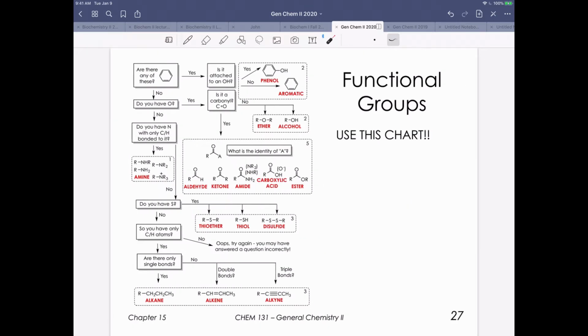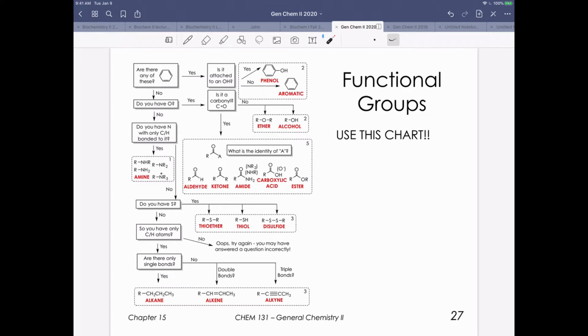All right, so this table, this flow chart, if you will, is available on Blackboard for you. I would encourage you to have this. If you can't print it out, try to at least have it available electronically to look at as you work through some of these problems. This is what I call a decision tree, and it basically walks you through asking some questions to help determine what functional group is present in your molecule.